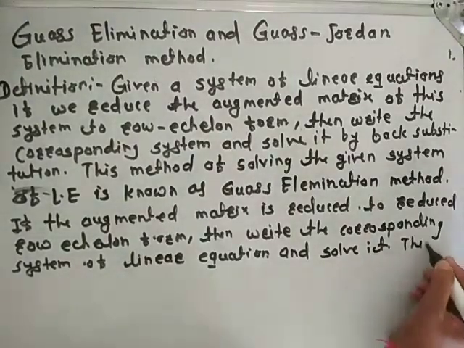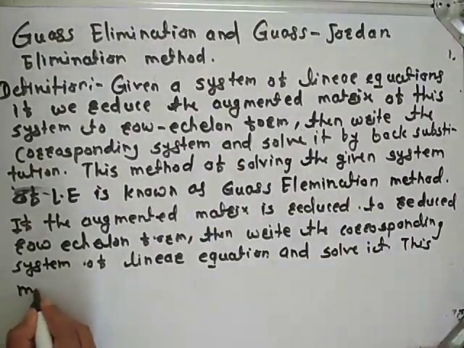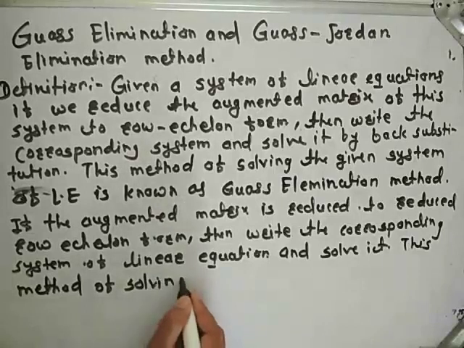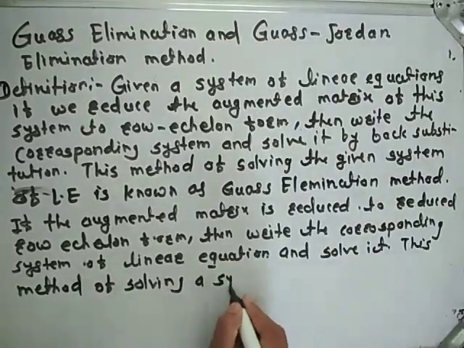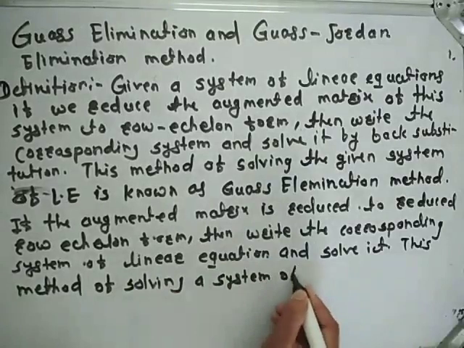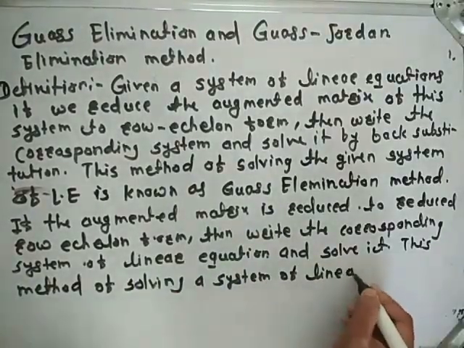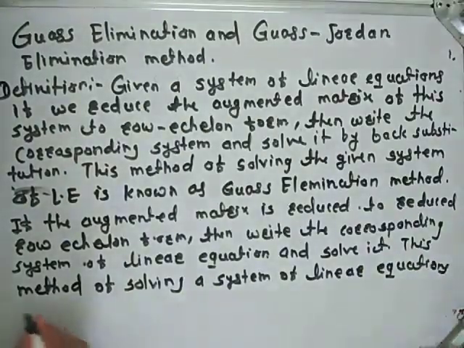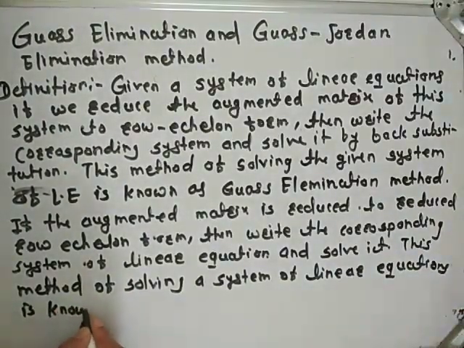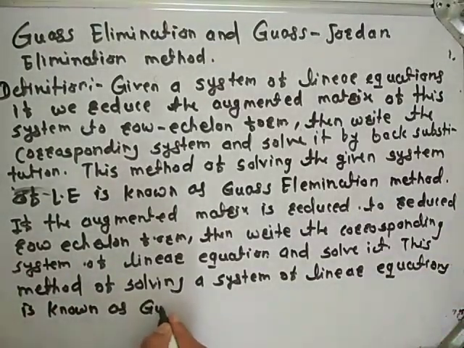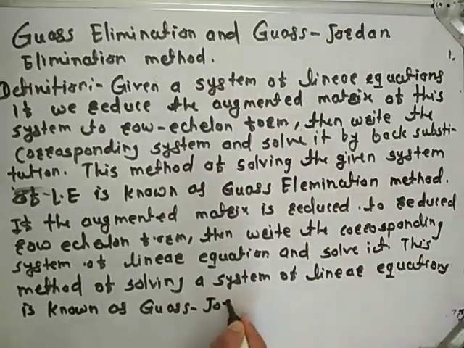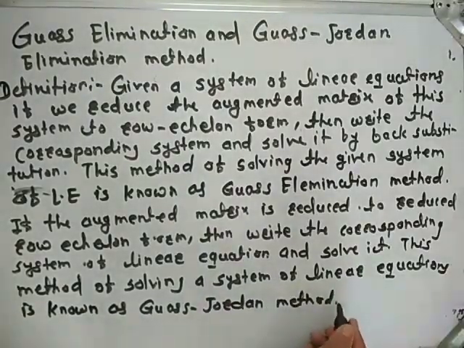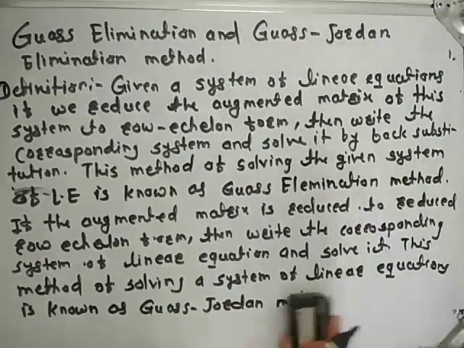This method of solving a system of linear equations is known as Gauss-Jordan elimination method.